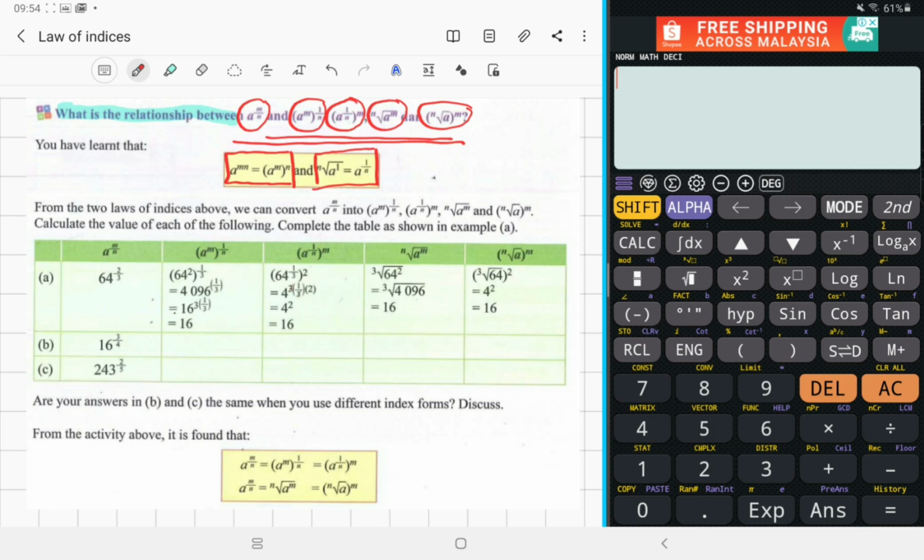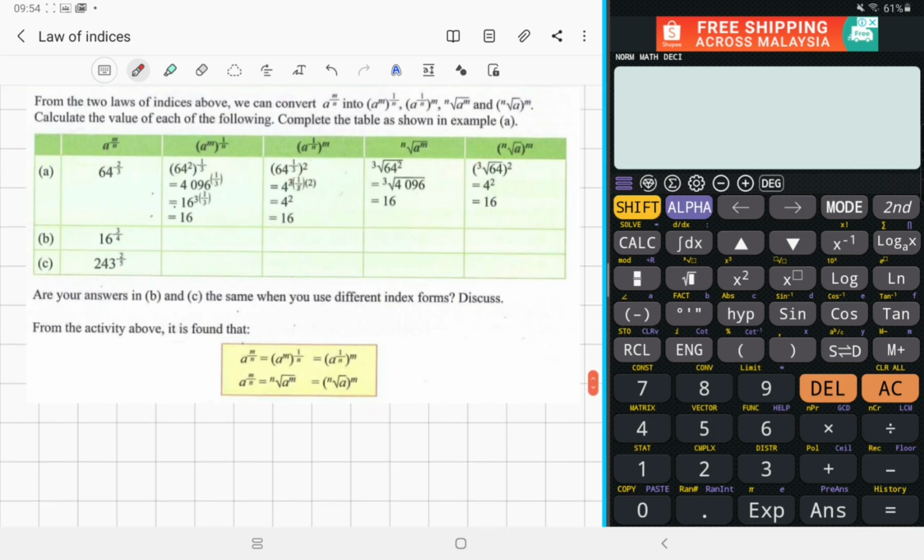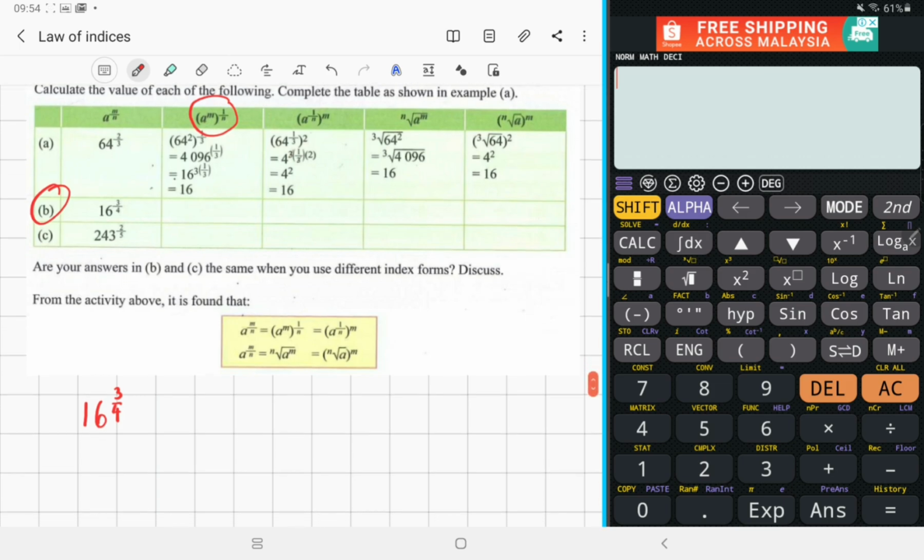Now to show you the relationship between all these forms, I will refer to example b in this table. It is 16 to the power of 3 over 4. If we write in this form, a to the power of m, close the bracket, to the power of 1 over n, 16 to the power of 3, we take the numerator, because 3 times 1 over 4 gives 3 over 4.